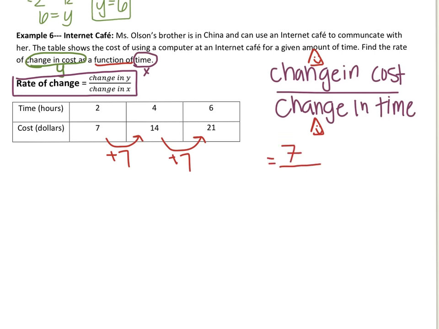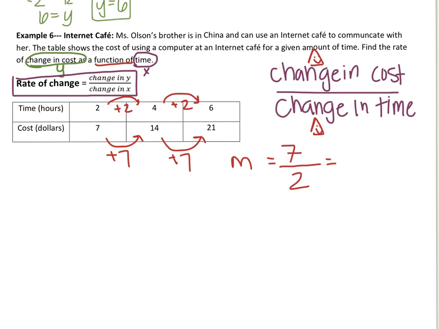And that goes over my rate of change, which I'm just going to write as m. That's the same thing as rate of change or slope. Then in my denominator, I am adding 2 to go from 2 to 4, adding 2 to go from 4 to 6. So in this case, my rate of change is going to be 7 over 2.